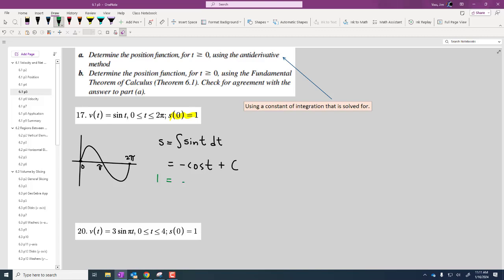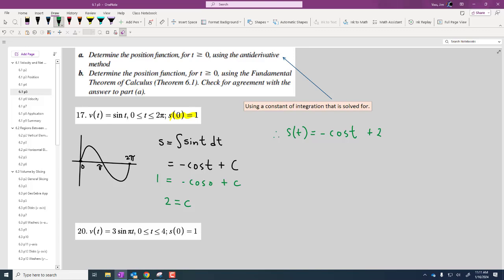Then we plug in 0 for t, and that will allow us to resolve the constant for this particular initial condition. Cosine of 0 is 1, so we end up with c equals 2. And then we come up here, and our conclusion is that the position at time t is going to be negative cosine of t plus 2.